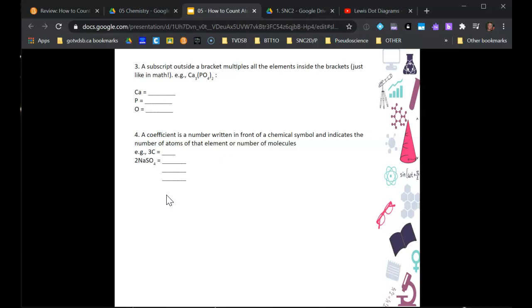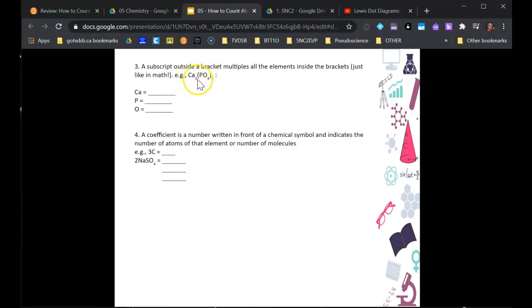All right, so the next is a subscript outside of a bracket. That means that if you have a subscript outside of a bracket, everything inside the bracket gets multiplied. Let's take a look at this example. We have 3 elements in this compound. This compound is called calcium phosphate, and we'll get into where the phosphate comes from later on in the unit.